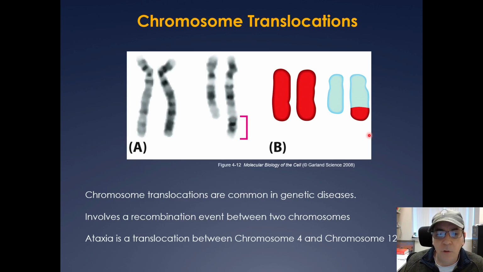Chromosome translocations are very common in genetic diseases where you get this sort of recombination, and we'll cover this when we're doing homologous recombination and recombination in general. But one disease that comes out of a chromosome translocation is ataxia, and that happens when you get a translocation between chromosome 4 and chromosome 12.